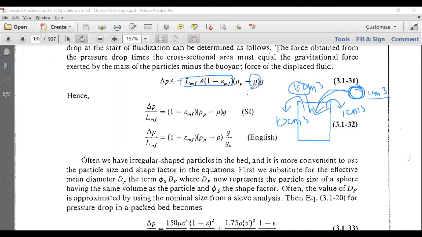So for the buoyant force, or the liquid mass coming out of the system, I will multiply the volume of the solid with the density of the liquid, times g. That's the buoyant force. And after some rearrangement, it becomes like this.